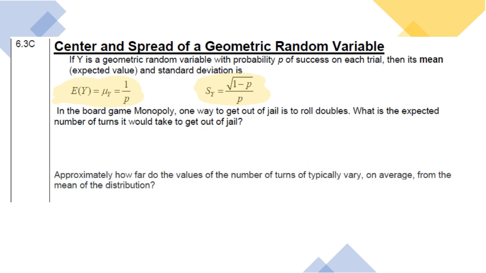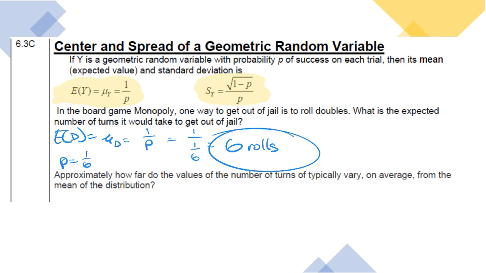So from our Monopoly example, how many rolls should we expect? Well, E of D equals mu D equals 1 over p. p equals 1 over 6. So it's 1 over 1/6 equals 6 rolls. We would expect about 6 rolls, 6 turns, okay?